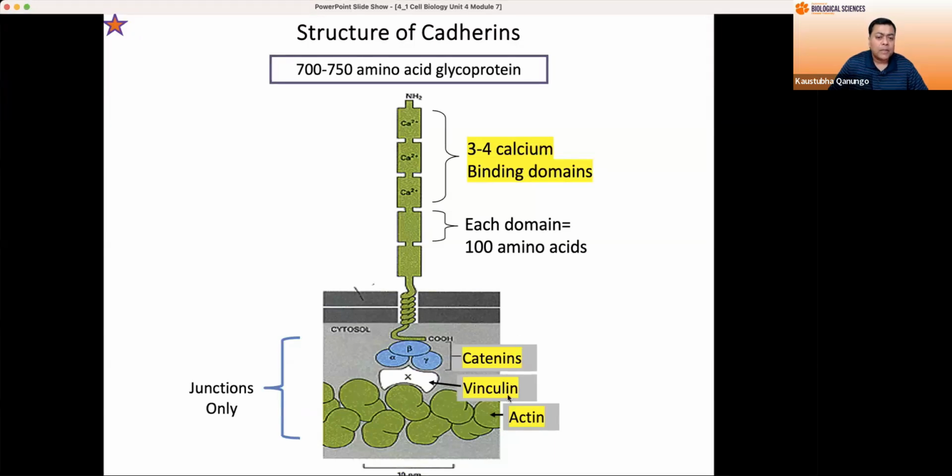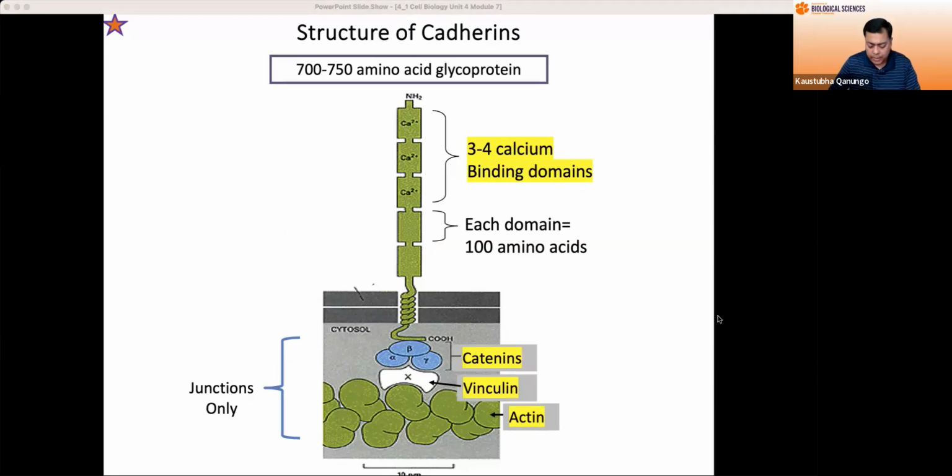These are catenins and vinculin, which will bind to the actin. So if you just know this structure, that will be helpful. This is a very simplified structure. There is a detailed structure in the textbook, and all the detailed names of each one of them are not necessary. If you just remember these, this will be more than enough.